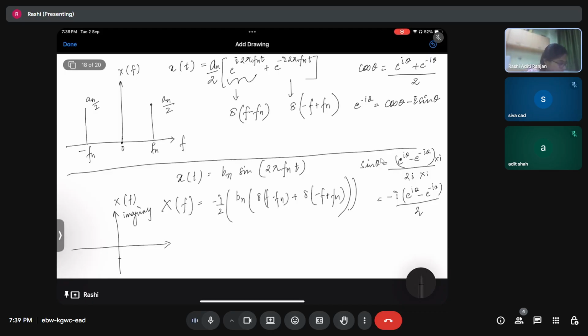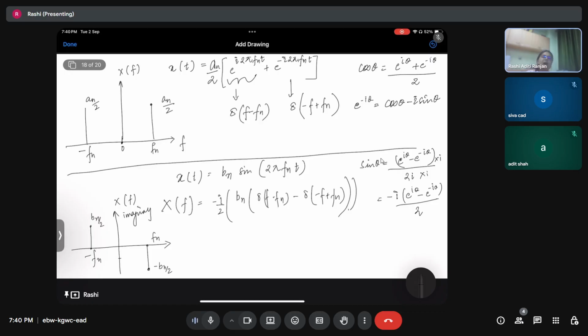Here it should be a minus as well. So the Fourier transform is going to be something like this: Bn by 2 and minus Bn by 2, at fn and minus fn. Okay, so this is going to be the Fourier transform.